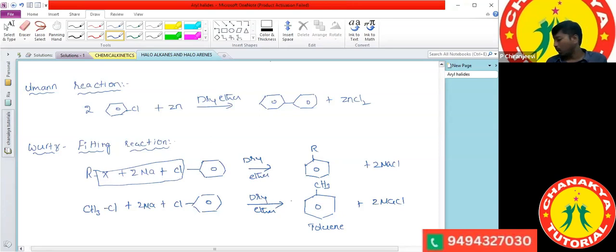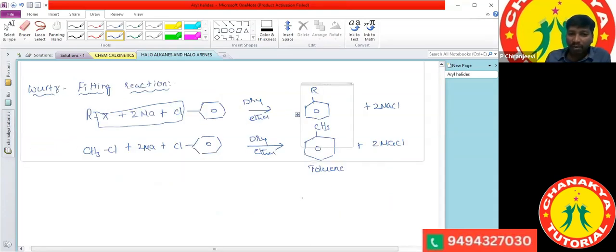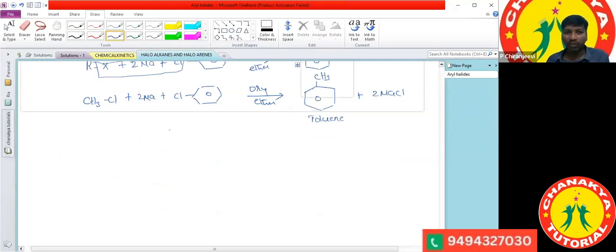And after that we have one more reaction. When chlorobenzene reacts with magnesium in presence of dry ether, what does it form?